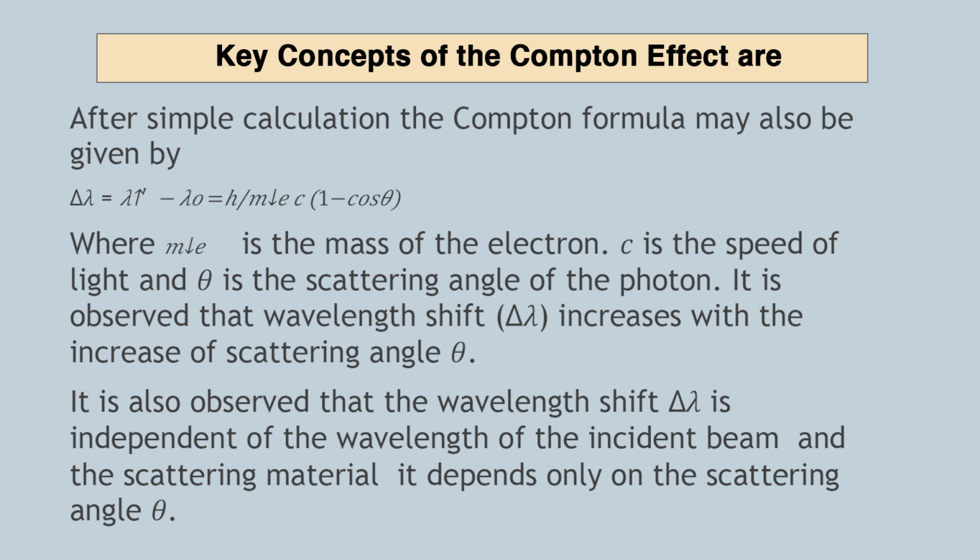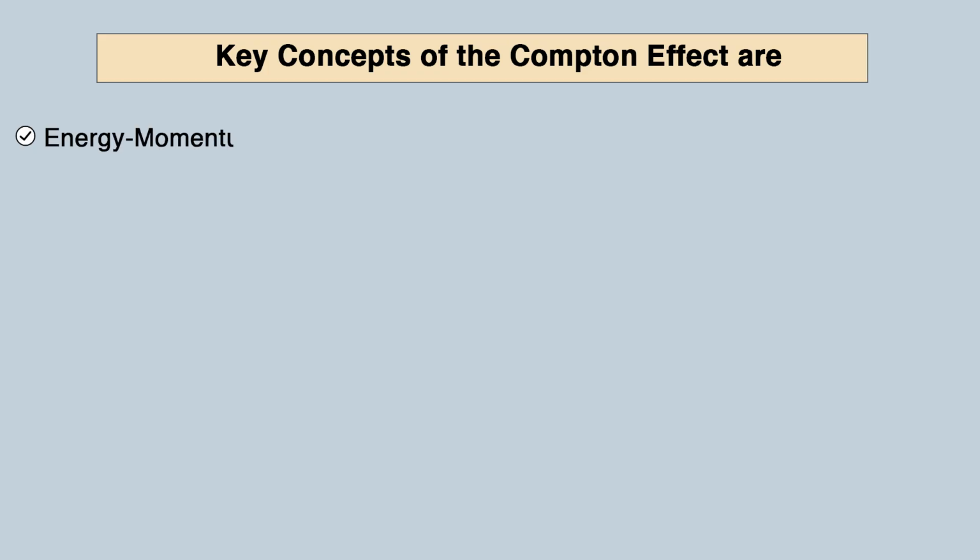It is observed that the wavelength shift del lambda increases with the increase of scattering angle theta. It is also observed that the wavelength shift del lambda is independent of the wavelength of the incident beam and the scattering material, and depends only on the scattering angle theta.